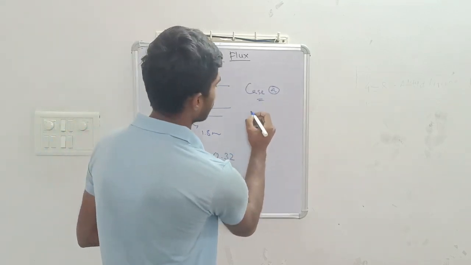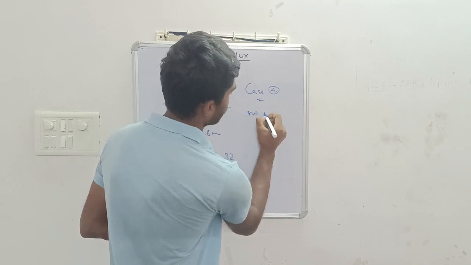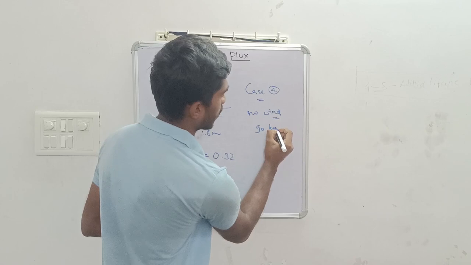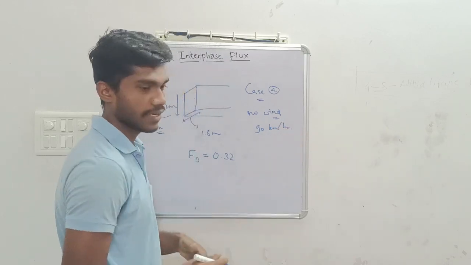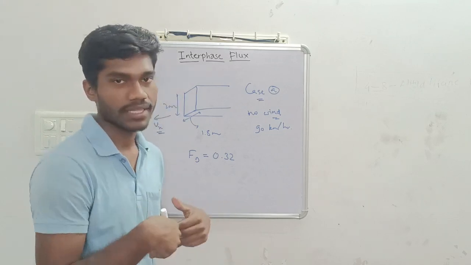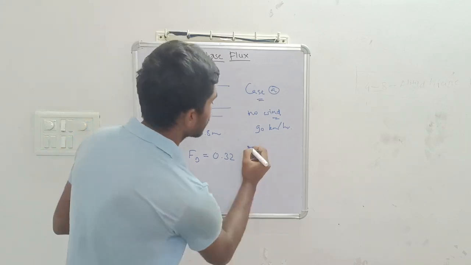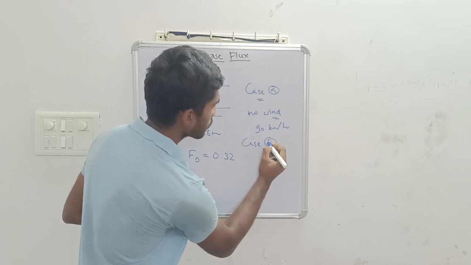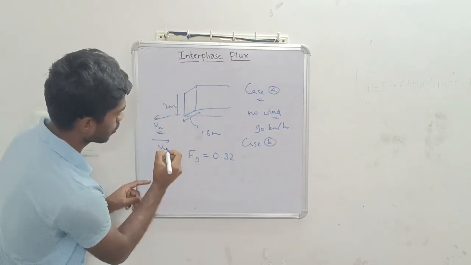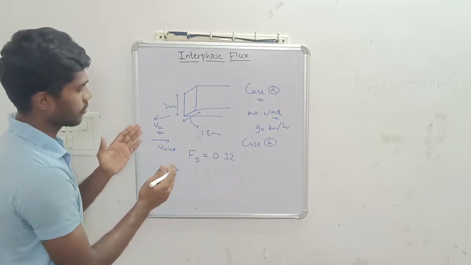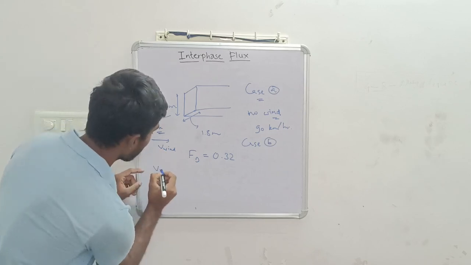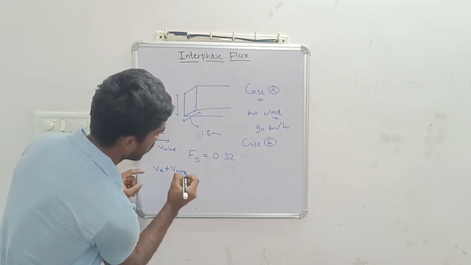Case A is no wind, so the car is moving with a velocity of 90 km per hour, and wind is adding nothing to it. In case B, wind is flowing opposite to the Vx, so V wind is again adding to the drag of the car. So we will add Vx and V wind in this case.